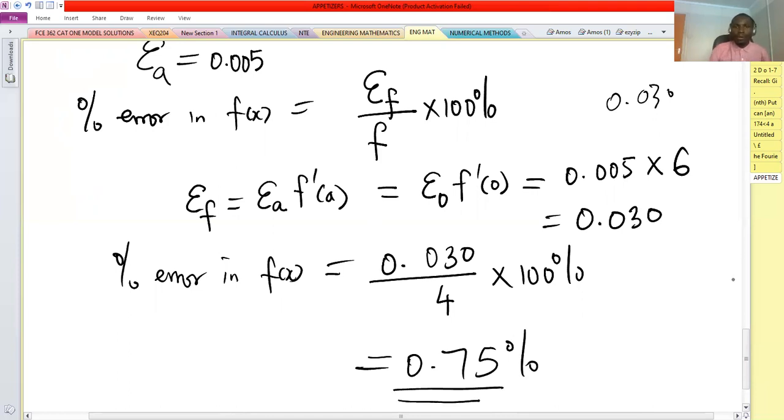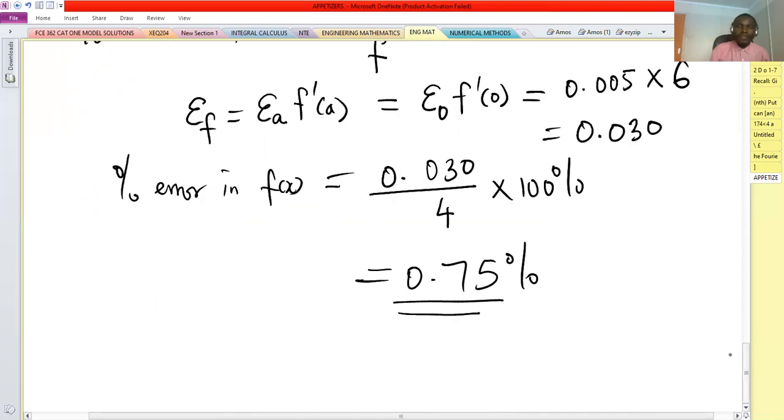One thing to note about this example too, remember that NB, this is useful, can help you to calculate errors in other functions.